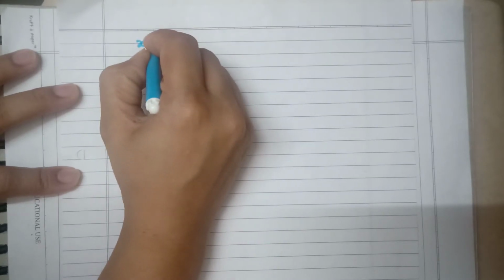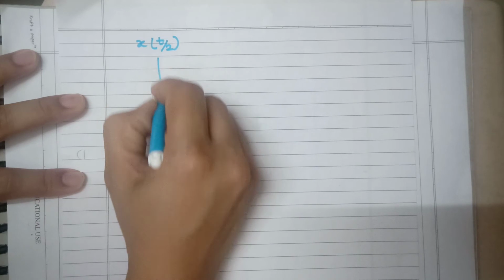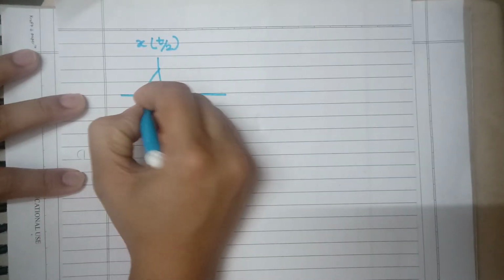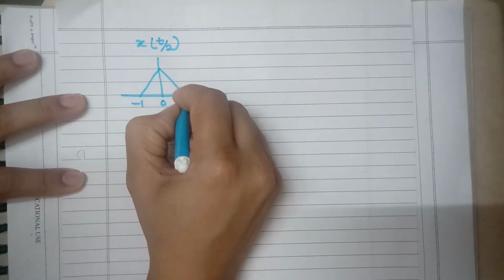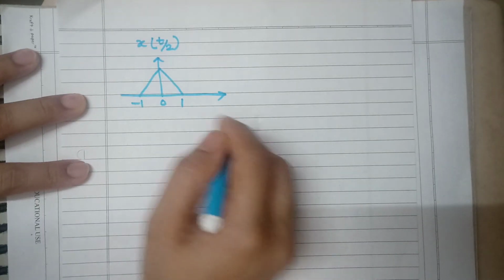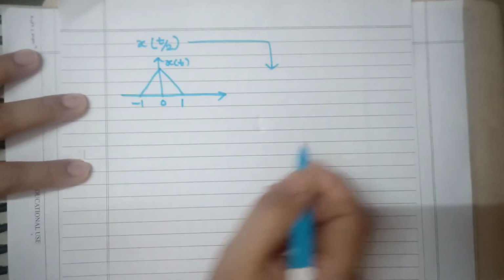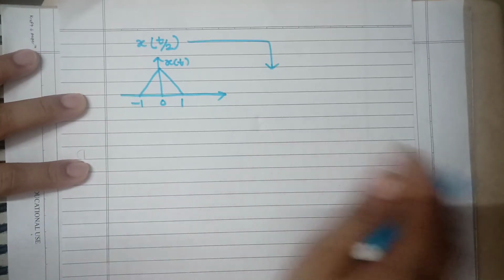Now we'll see time scaling when the factor is dividing the time axis. So x of t by 2. Your x of t was like this, minus 1, 0, 1. This was your x of t, so how will x of t by 2 look?